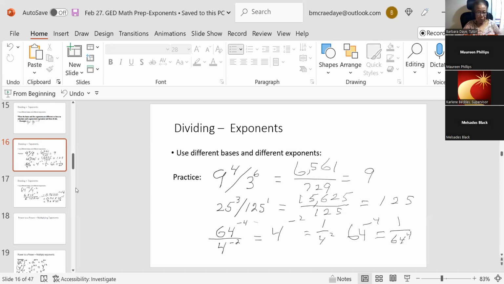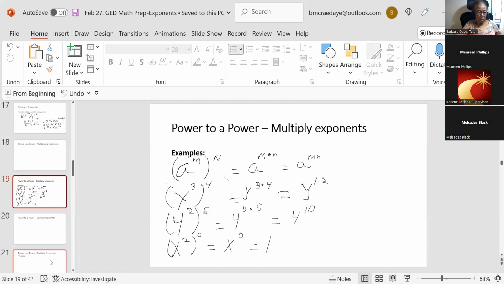Got it? Yes, miss, but the last one, I would like you to expound on that another time some more, please. I know, I didn't really plan to go that far on that, but okay. Now, I'm not going to get into power to a power.